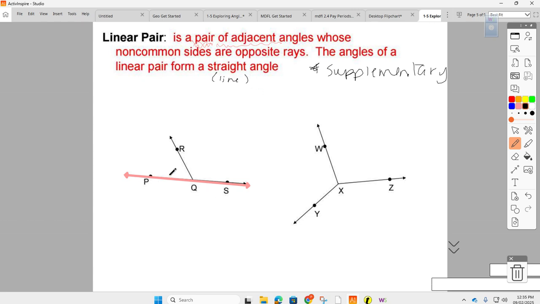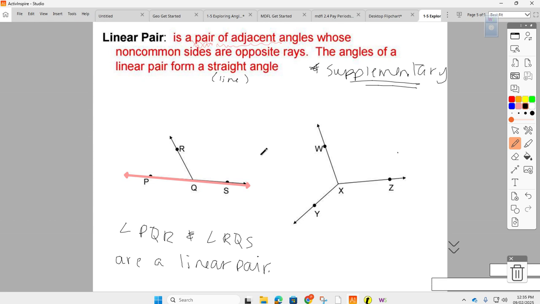So angle PQR and angle RQS are a linear pair. Which means that angle PQR plus angle RQS equals 180 degrees, because we said they are supplementary.